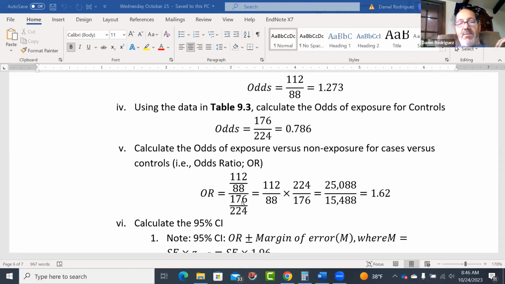Whenever you take something from the denominator and bring it to the numerator, you flip it, right? So basically we get this quintessential equation for an odds ratio. You go 112 times 224 divided by 88 times 176.